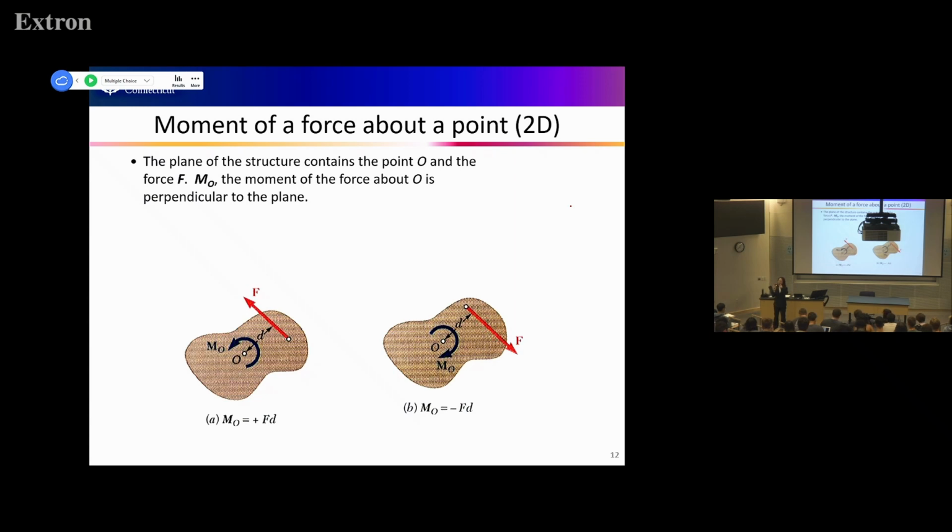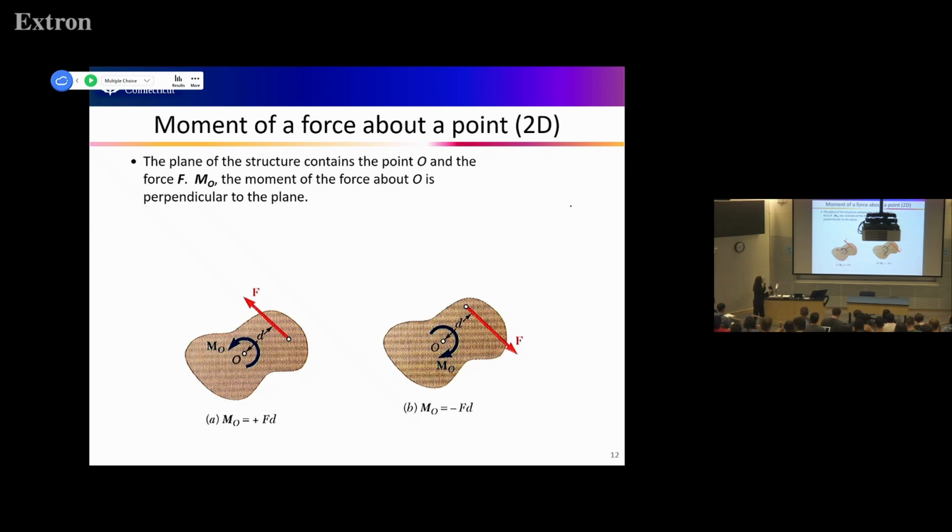If I apply force in this direction, it will move upward, but it will also rotate in this direction, right? This kind of sensation is called moment. Same as torque.